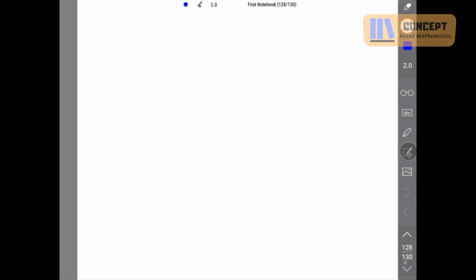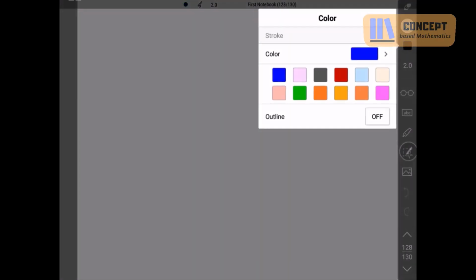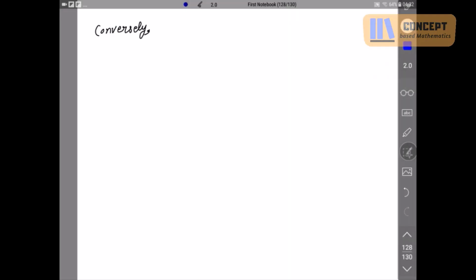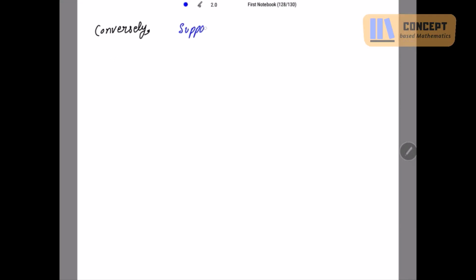Now what is given to us? Converse: suppose limit n tends to infinity f of Pn is equal to Q. This is given.